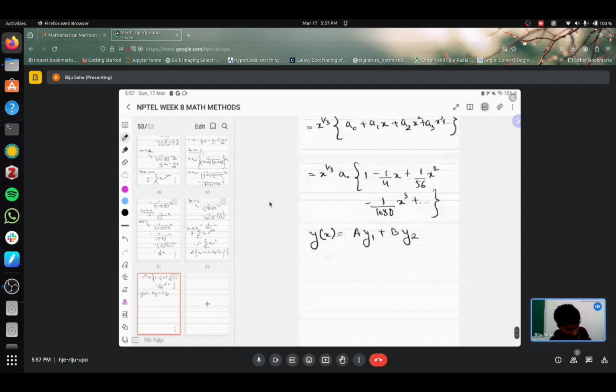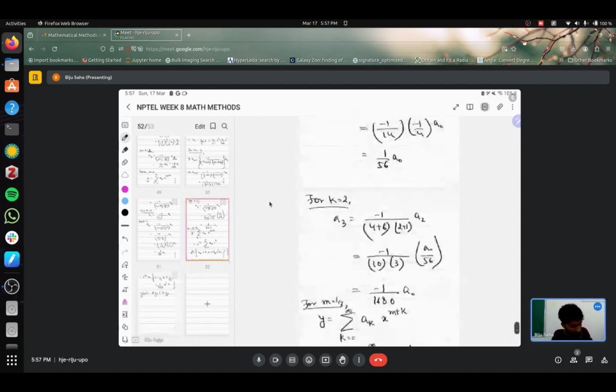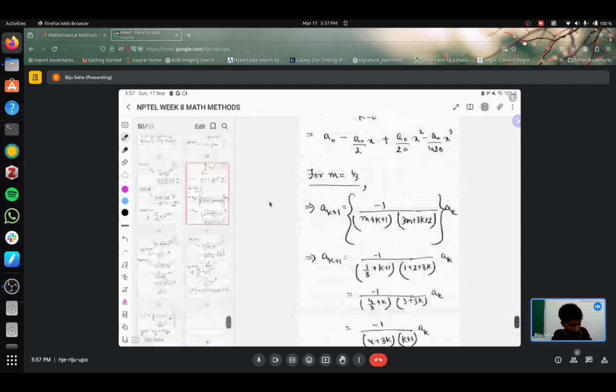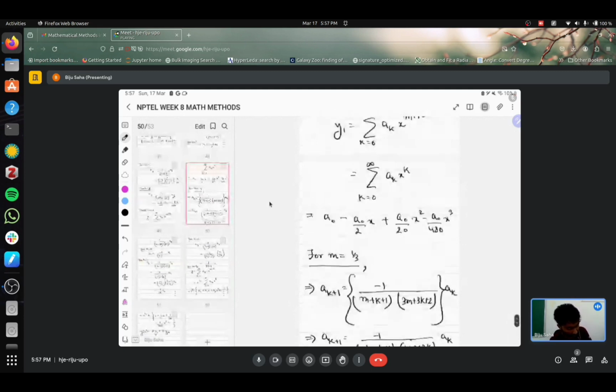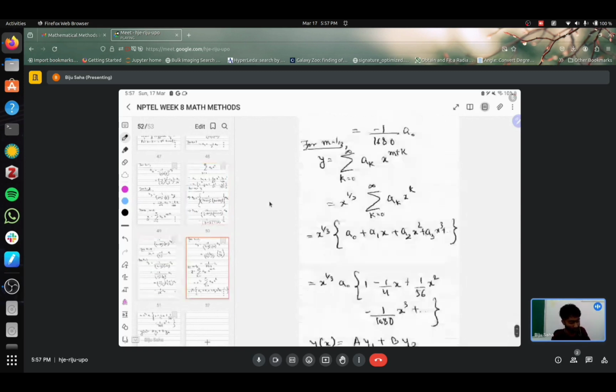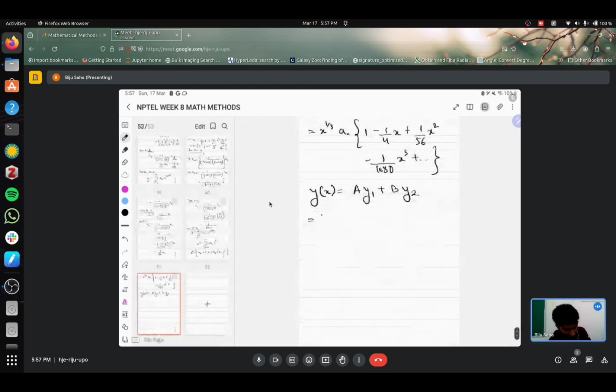So let me just write. From the first solution, I have this a0 as my unknown constant. So this is one unknown constant. That can be merged with this a and can be together written in this format.